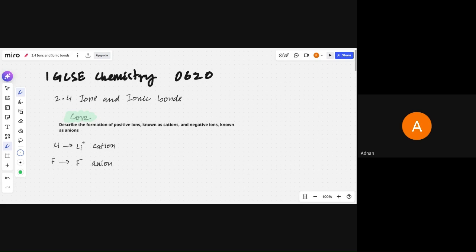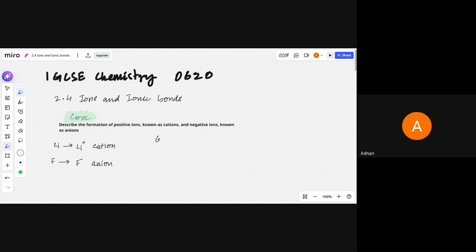Let me paste a periodic table here. Just give me a second. From the periodic table, I will explain how to identify which element will form what type of ion.